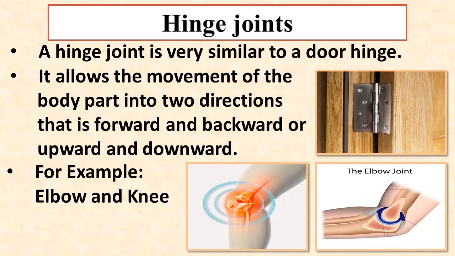Similarly, a hinge joint in the body also allows the movement into two directions, forward and backward, or upward and downward. The elbow and knee joints are the two examples of hinge joints.